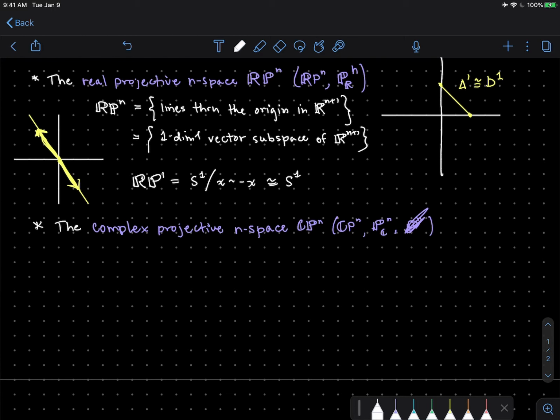And this is defined identically to RPn. With CPn, it's going to be lines, but now they're complex lines through the origin in C to the n plus 1.